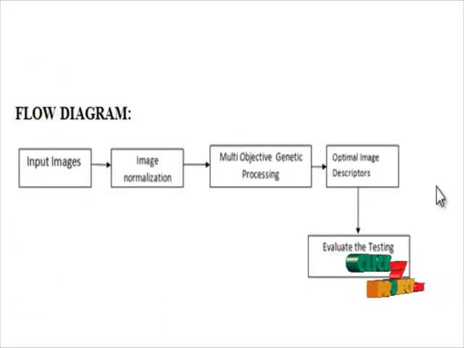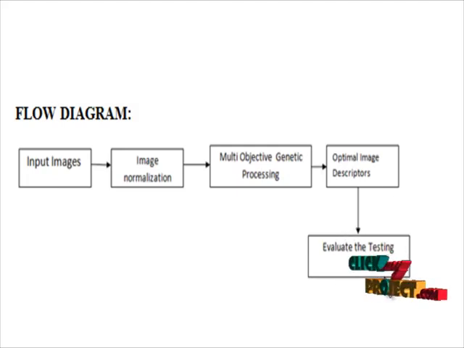This is the flow of our process, efficient feature learning of retrieval-based structured images. In this process, we take the input images, several relevant images such as a car, flower, and transformation, traveling, etc. The input images give the output after the classification process, accurately giving the image normalization, multi-objective genetic processing, and optimal image descriptors.